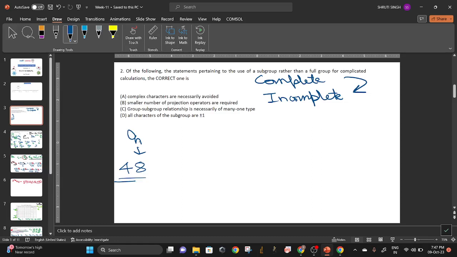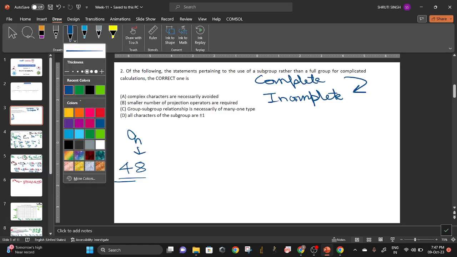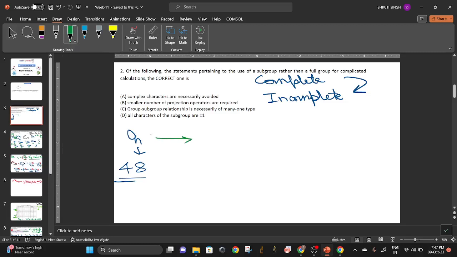So for bigger molecules, what we do, we break it into smaller subgroups. So for octahedral, we look for subgroups like D4H, C4V. We do the calculation for the subgroup and then extend it for the main group.